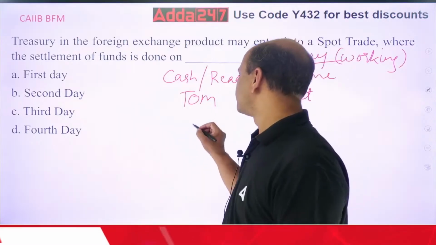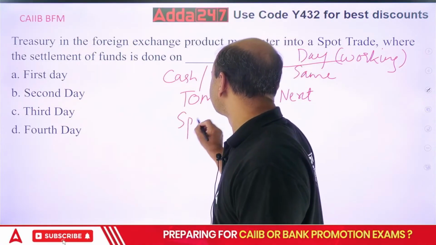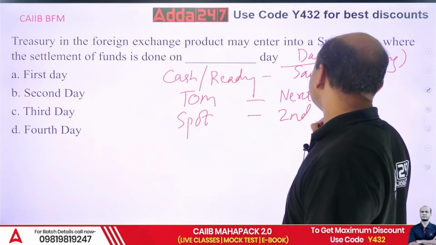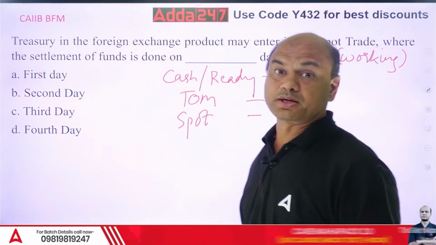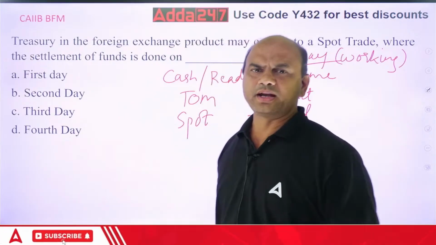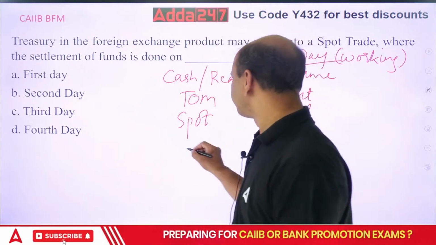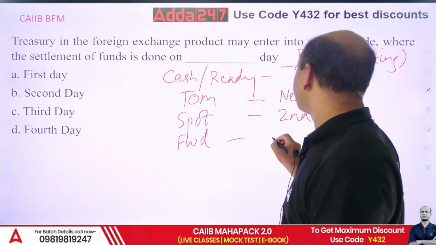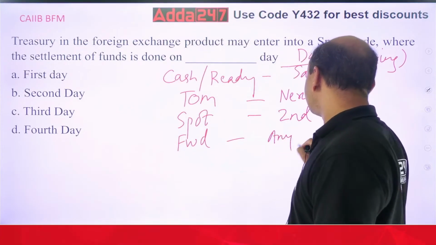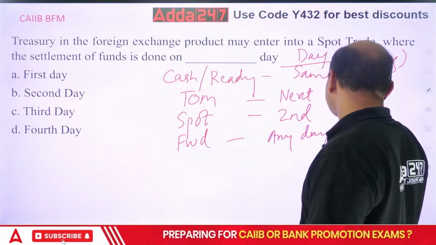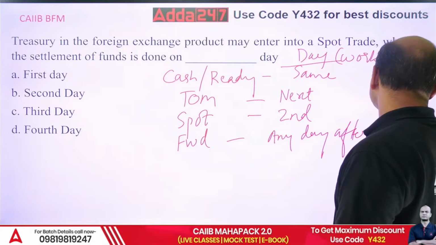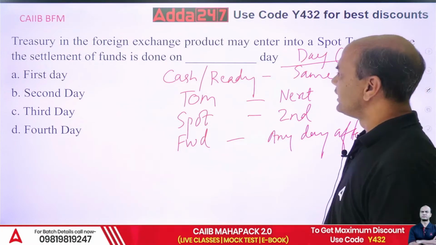Then you have spot. Spot is the second working day, meaning next to next. And then the last one is forward, which is any day after spot.